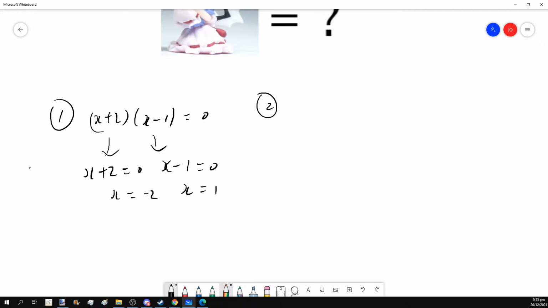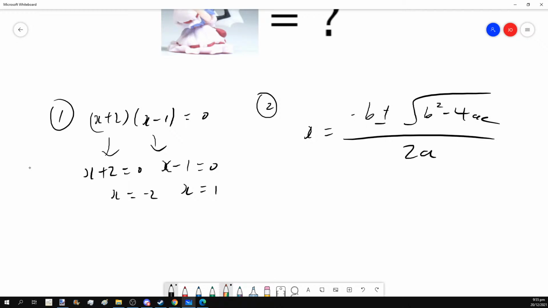The second method is, of course, the quadratic formula, and this has also led to a discussion on the quadratic discriminant b squared minus 4ac, right? And of course, we talked about how this discriminant can be used to determine the number of distinct real roots to a quadratic equation.